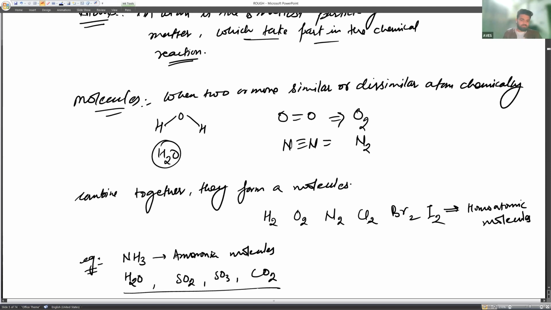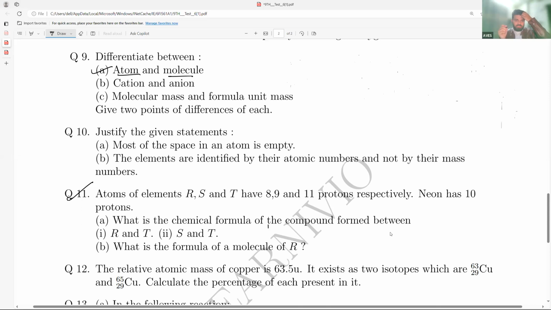Next, what are cations and anions? Cations are the charged particles which contain positive charge, and during a chemical reaction, cations lose electrons.